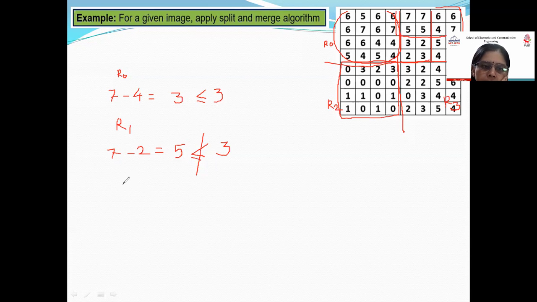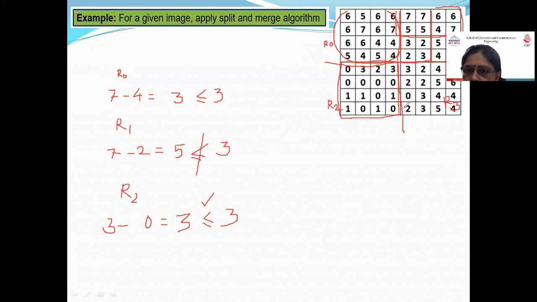So for R2, the minimum value is 0. Yes, Chandan, your answer is correct. Maximum value is 3. So 3 minus 0 is 3, so it is less than or equal to 3. So this criteria is satisfied, and we need not divide it further.